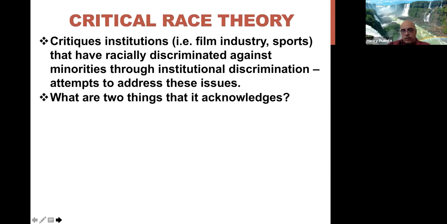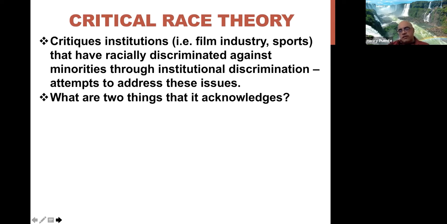So what critical race theory does is it essentially critiques institutions, right? Now, critical race theory started with law. It started with the courts, and basically talking about the fact that the courts were racially biased in terms of convictions, in terms of sentencing of certain criminals. If a white person or a black person committed the same crime, oftentimes the person of color would end up having to spend more time in prison.